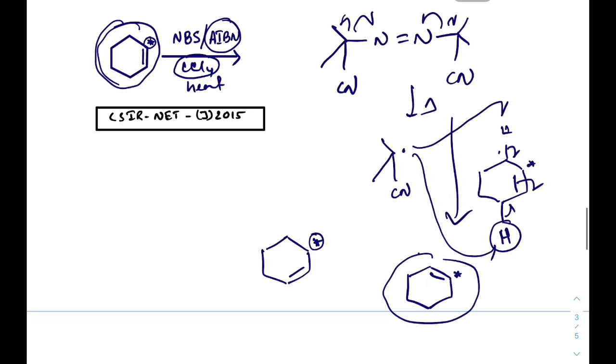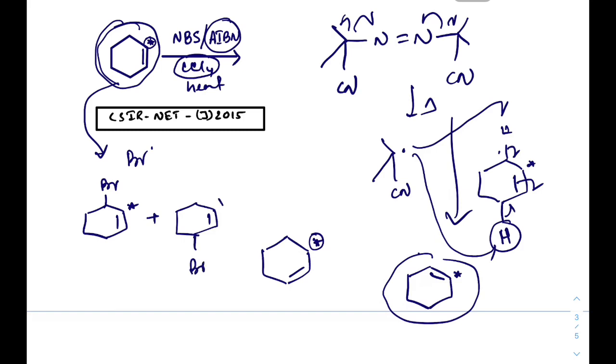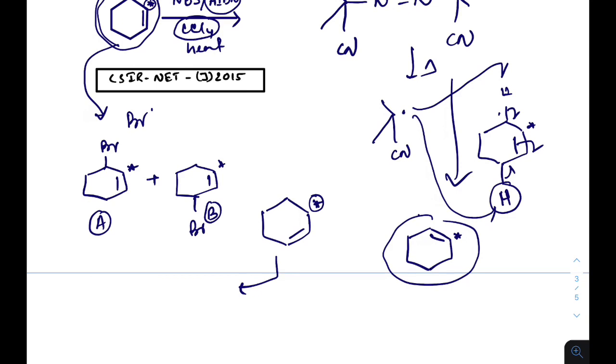Now if there are two different radicals, then in the presence of Br dot there will be two products each. One is this, the mark over there, and one is this, the mark over there. Let's call it A, this is B. From this structure there will be two products.